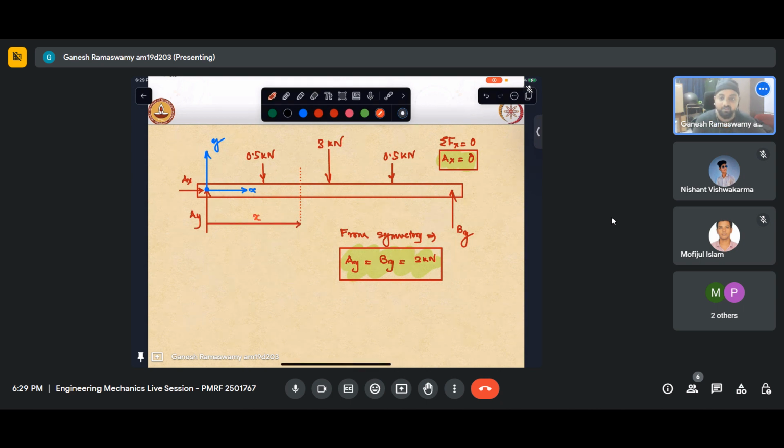And X can vary between 0 and the total length L. I hope that is clear.